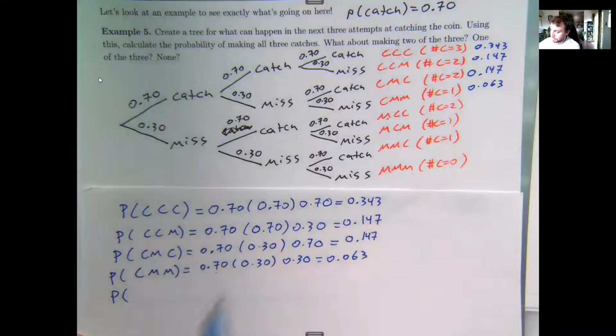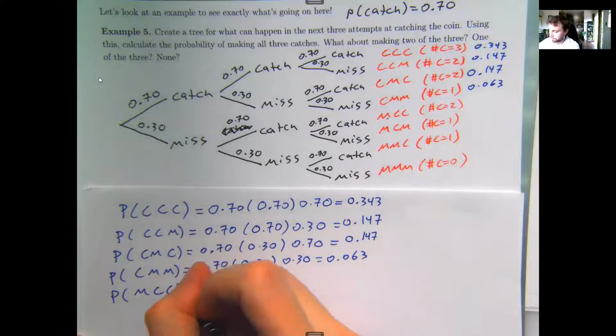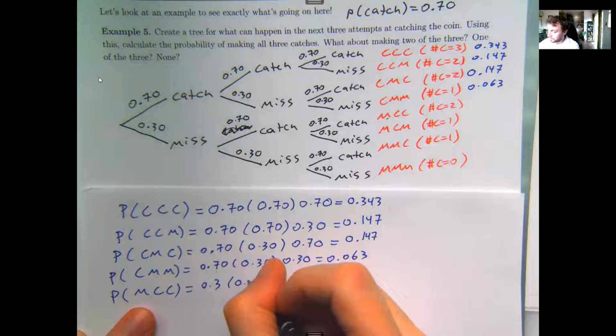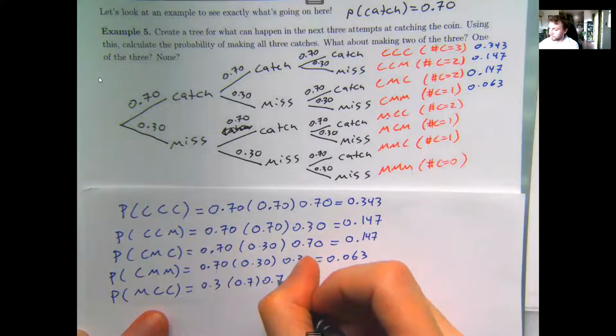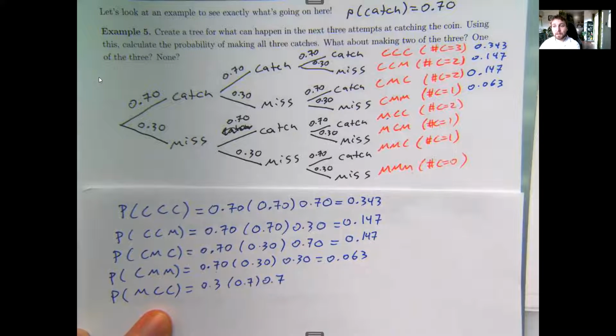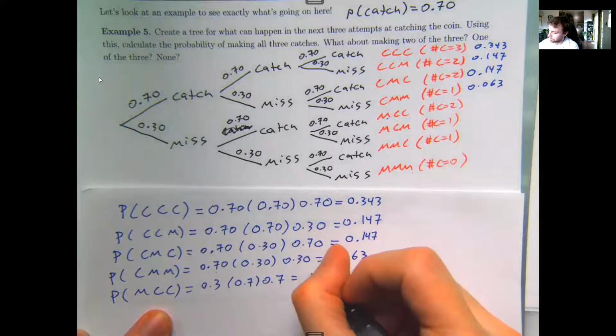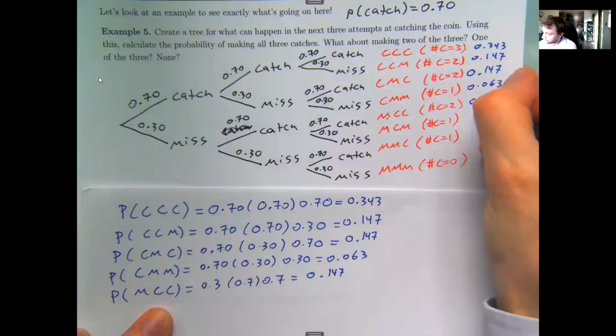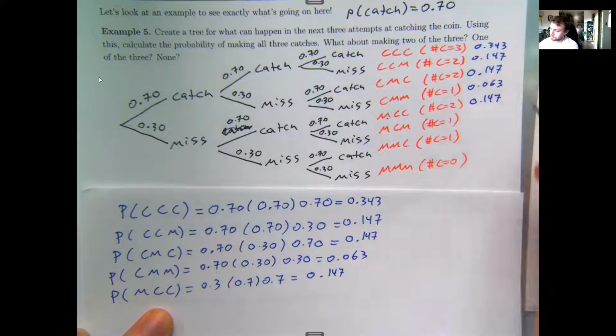Miss, catch, catch. Miss is 30, catch is 70, catch is 70. When you're writing these probabilities, you can write 0.30 or 0.3. That means the same thing. When I do this, I get 14.7 again. I'm going to keep going.